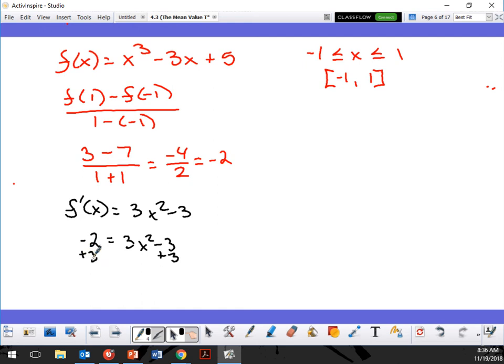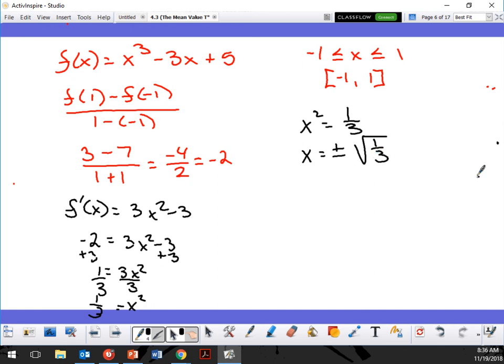So I get 1 equals 3x squared, divided by 3. x squared is equal to 1/3, and x equals plus or minus the square root of 1/3.